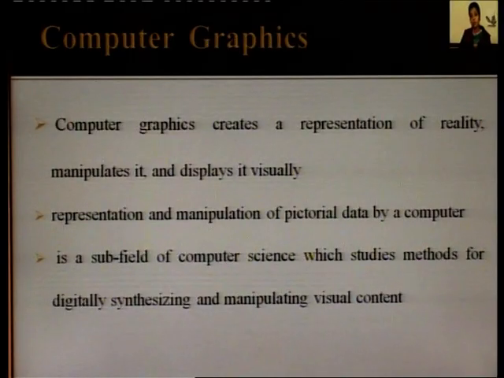That means we are representing any picture with the aid of a computer. That means we are actually representing the xy coordinates in a computer system. So computer graphics is a subfield of computer science which studies methods for digitally synthesizing and manipulating visual content.